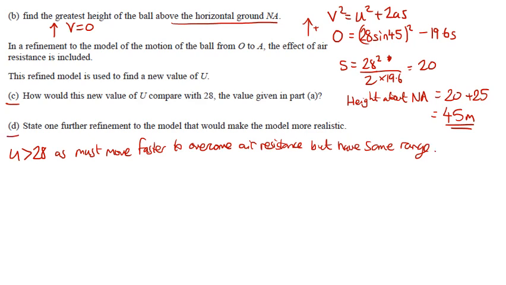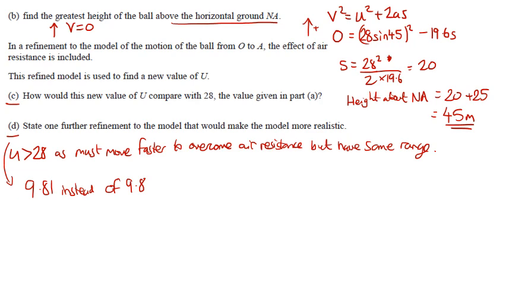And then part D, state one further refinement of the model that would make the model more realistic. Well, there's various things that you could put for part D. Maybe the most obvious one is to use a more precise value of g, so 9.81 for example instead of 9.8.